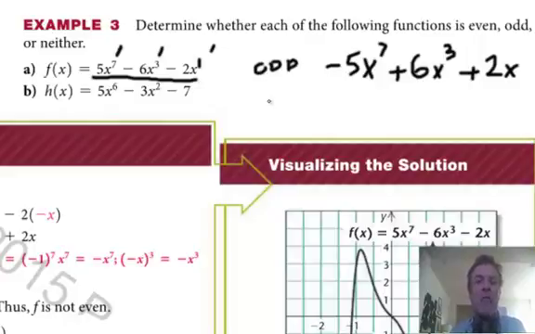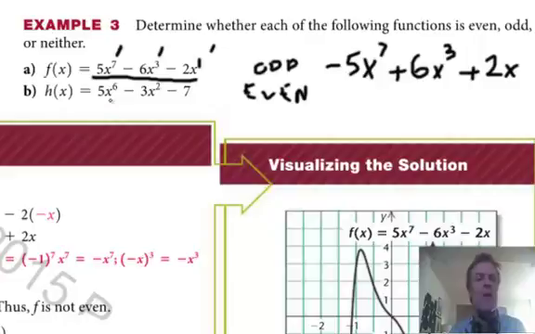For an even function, if you replace the x with a negative x, and none of the signs change, that's an even function. So I know the second one's even, okay? I'll just show you by replacing the x with a negative x. This time I'm not replacing the y's with negative y's, I'm just replacing the x with negative x.